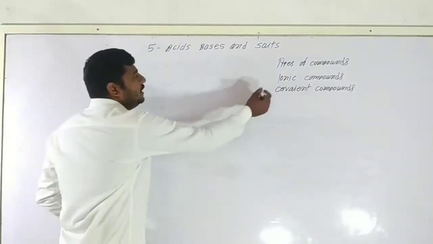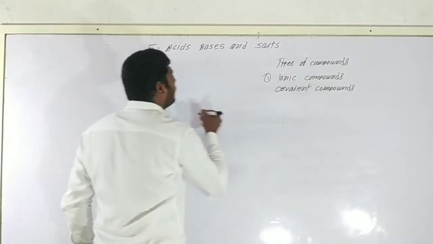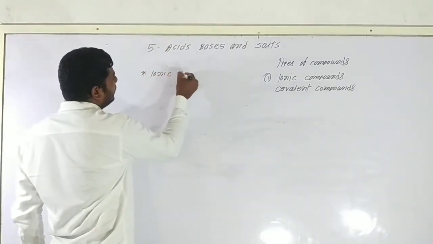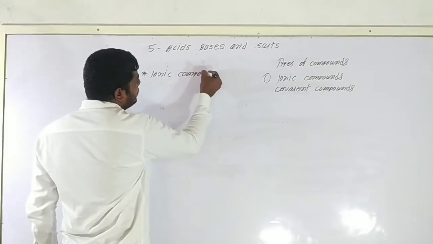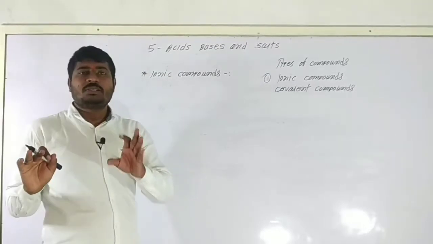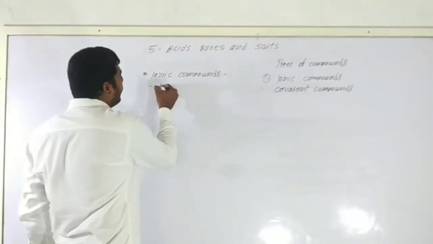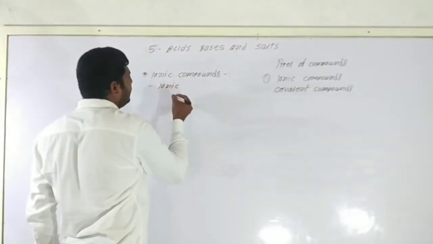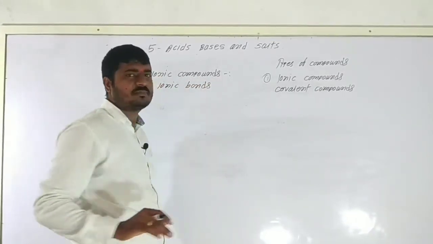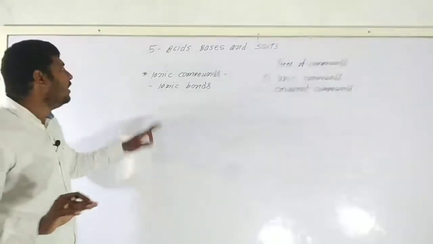Okay, now we discuss ionic compounds. Which compounds are called ionic compounds? Those compounds which contain ionic bonds are called ionic compounds.